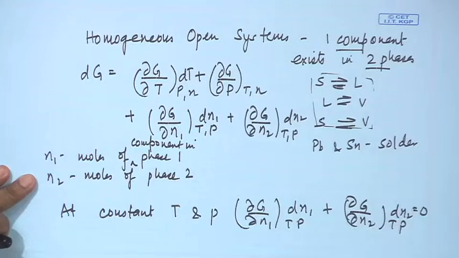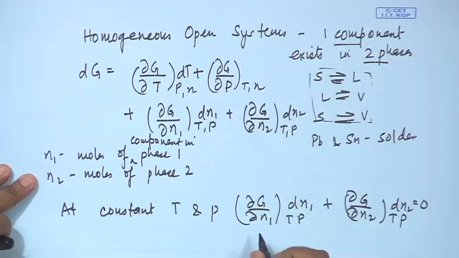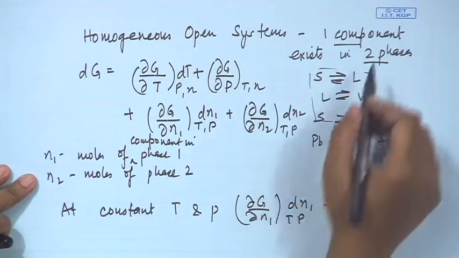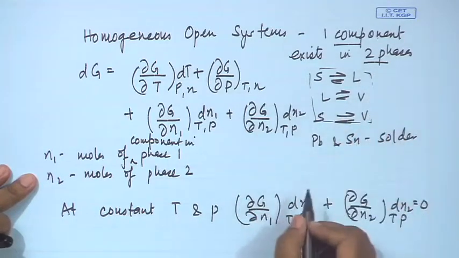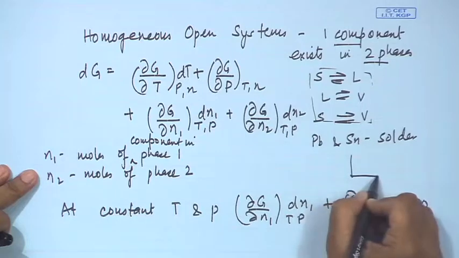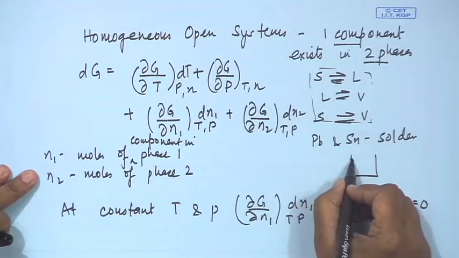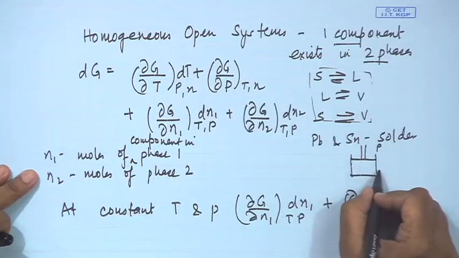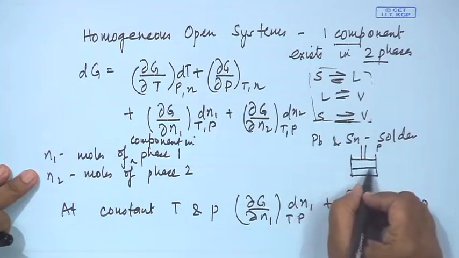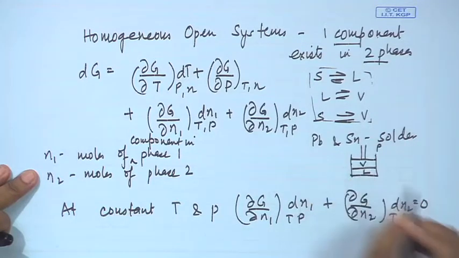This should be equal to 0. Now, in the beginning, I have told you that we are dealing with a single component in two phases, and suppose it is a liquid vapor mixture kept in a piston cylinder arrangement where the pressure is kept constant, the temperature is kept constant. We have got a liquid here, we have got a vapor here.